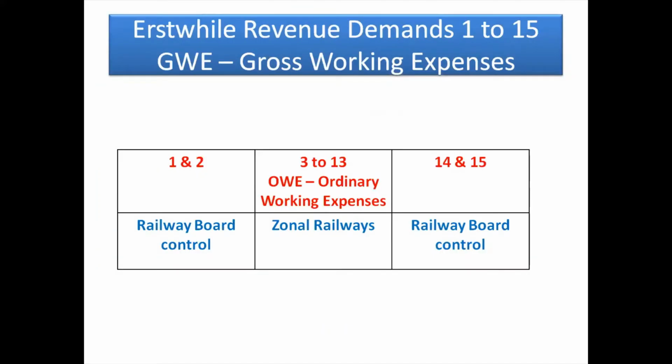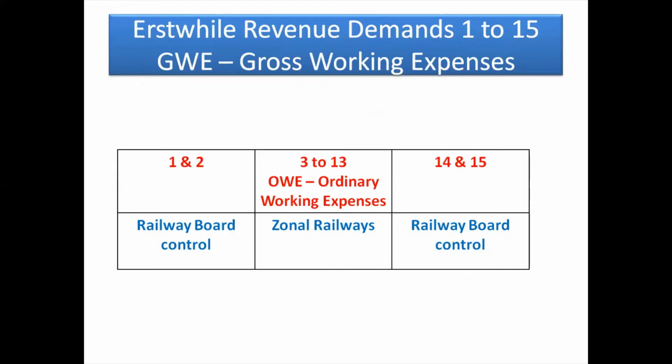Now we'll discuss demand numbers 1 to 15. It is called gross working expenses. Please remember, this is very important from the examination point of view. Gross working expenses means demand numbers 1 to 15. This 1 to 15 is divided into 3 categories.